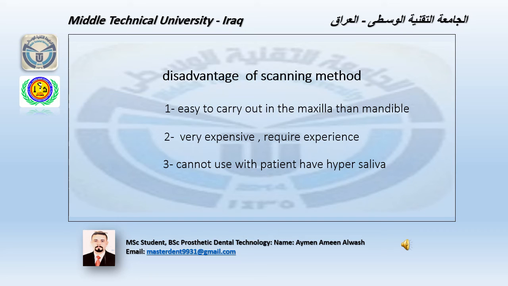Number 2, very expensive and requires experience. Number 3, cannot be used with a patient who has hypersalivation يعني البيشنت اللي عنده hyper saliva ما اقدر استخدم وياه الانترا اورال سكانينج. ليش؟ لان راح يصير عندي distortion or shadow بالكاميرا وبالتالي ما راح توضح عندي الصورة بالسوفت وير فممكن يسوي لي بعض الايرور.